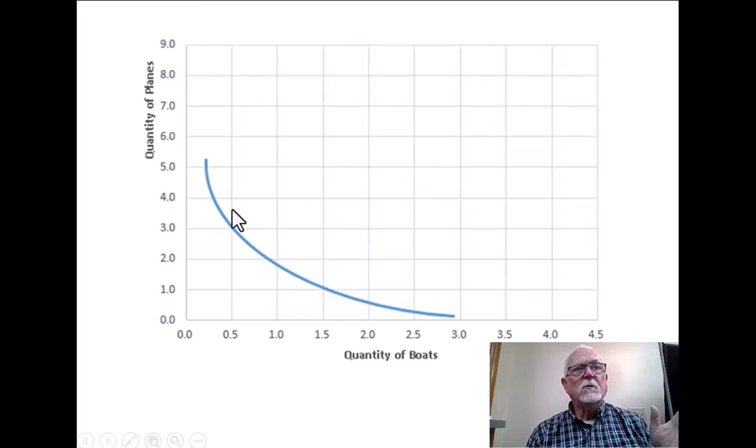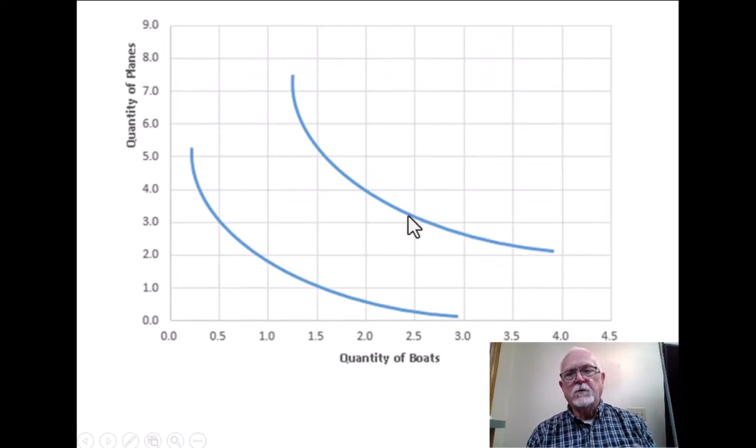And so you can plot those points out, and that's called an indifference curve. In other words, every point on the indifference curve, you are indifferent to that combination. You're just as happy having 2 boats and a little less than 0.9 planes as you are having, let's say, roughly 3 planes and a half of a boat. So we can plot out various indifference curves.